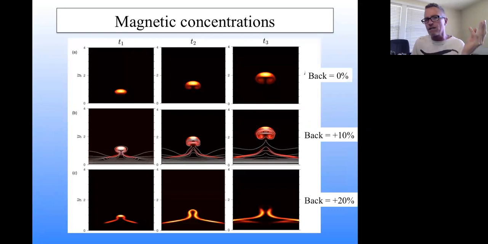And here are some nicer snapshots of that, caught more instantaneously, so you can see what's going on, where the zero-field case rises nicely. The one that has magnetic field in the background at 10% still rises, but not as quickly as the other one. And then for 20%, it's killed, same result.